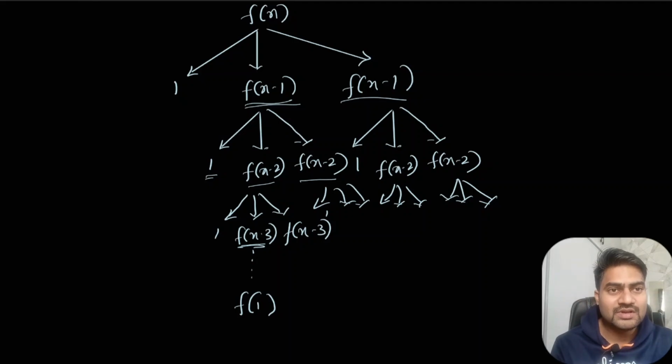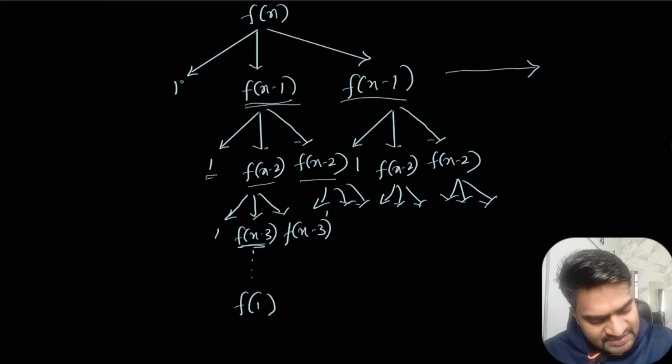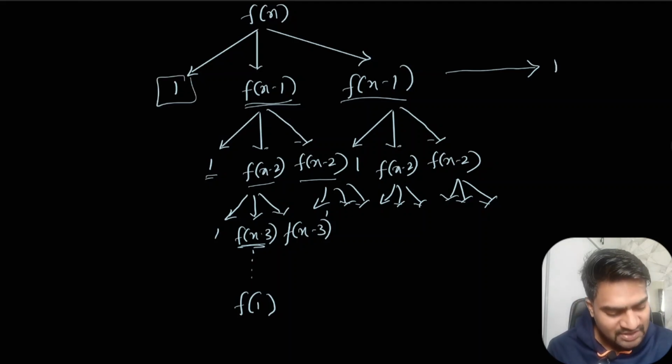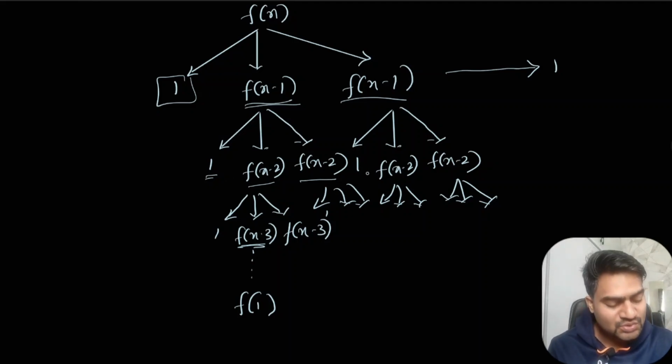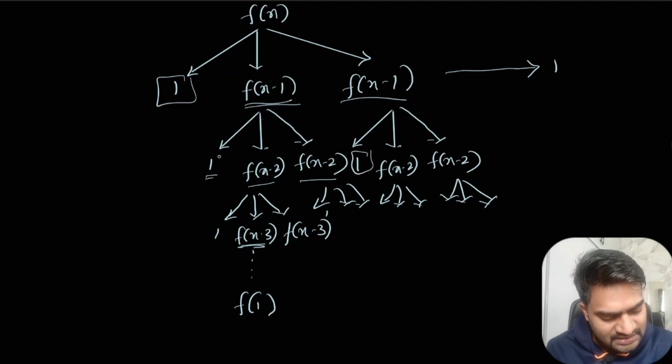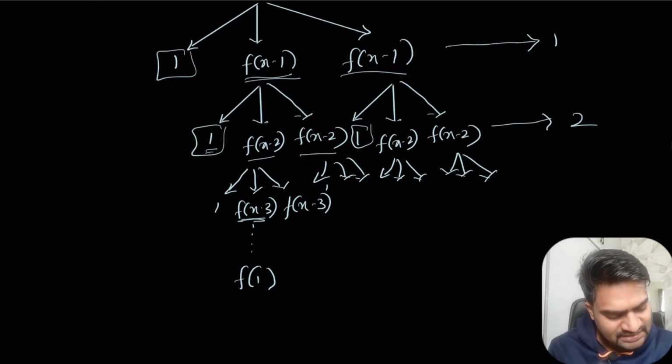Now, how to calculate the work done? At this particular step there is one unit of work, and at the second step that is 2 units of work. This is 1 and this is 1. So it is going to be 2 units of work. Next, in the third iteration, here 1 unit, here 1 unit, here 1 unit, here 1 unit.